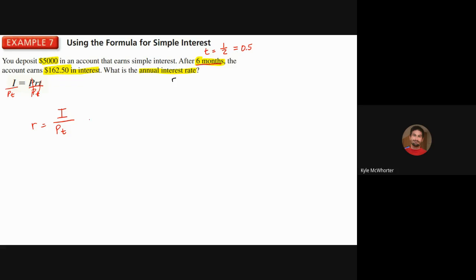So what we're going to do is we're going to plug in for I and P and T. So the interest was 162.50. The principal was 5,000. That's how much we deposited. And the time was 1/2 of a year, so 0.5.